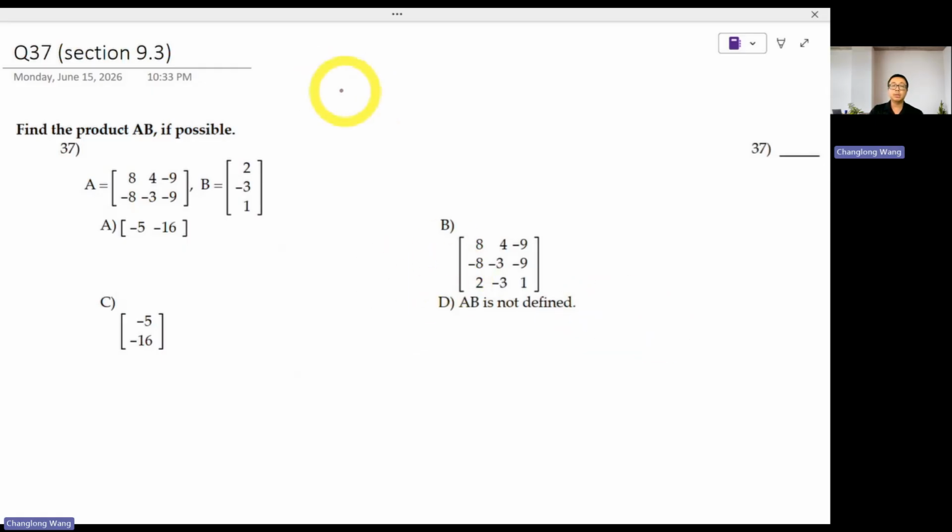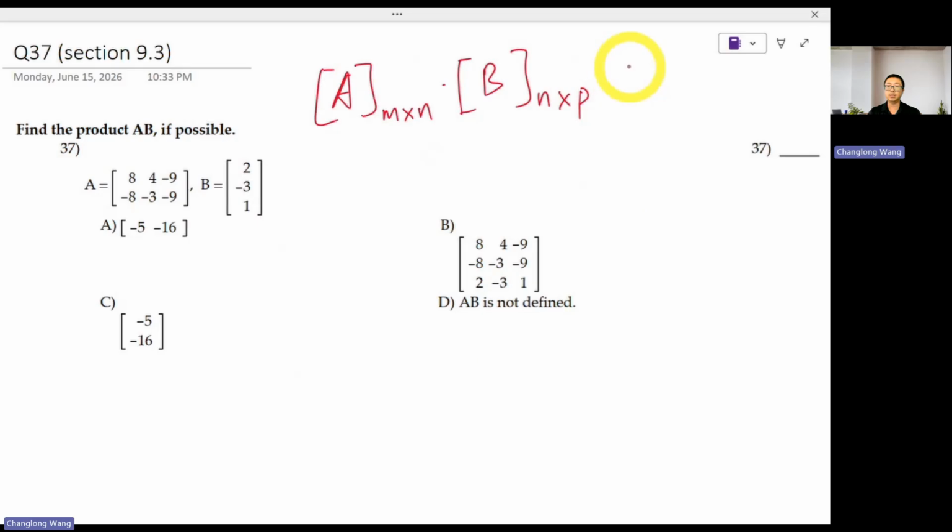So the way it works is, let's say a matrix A is m by n, so m rows and n columns, and a matrix B is n rows, p columns, and they do multiply.